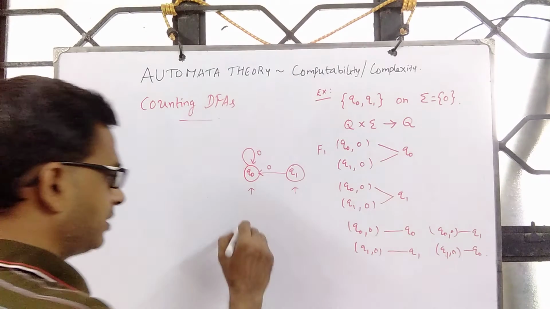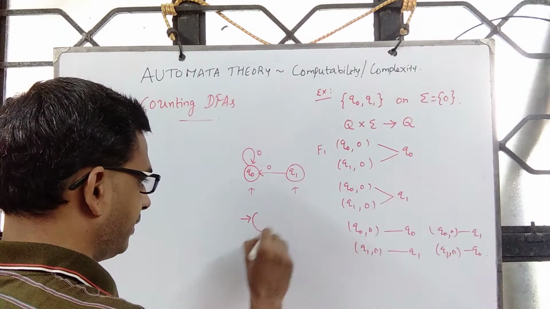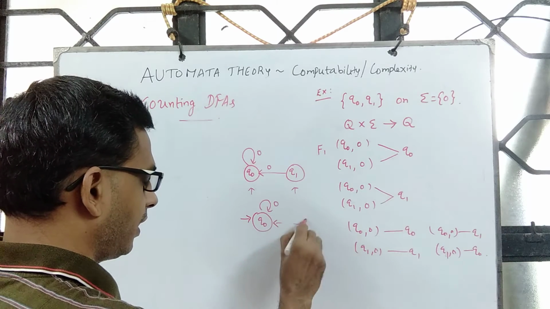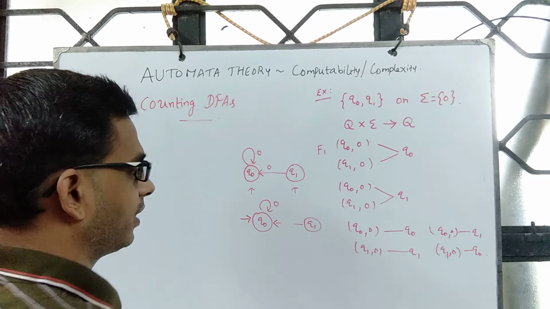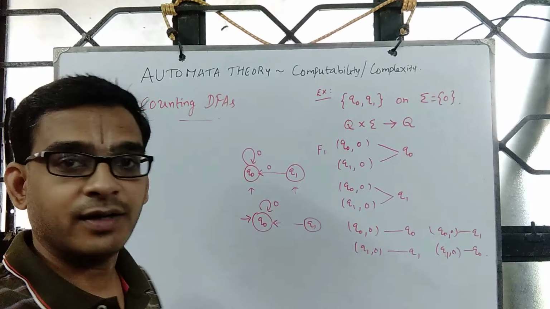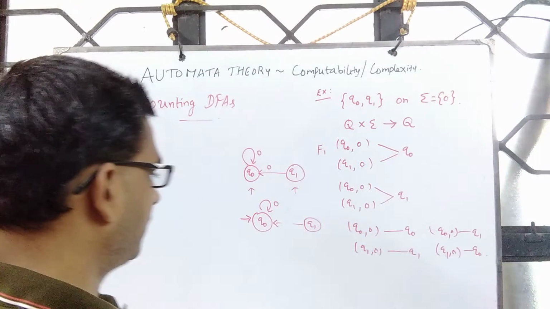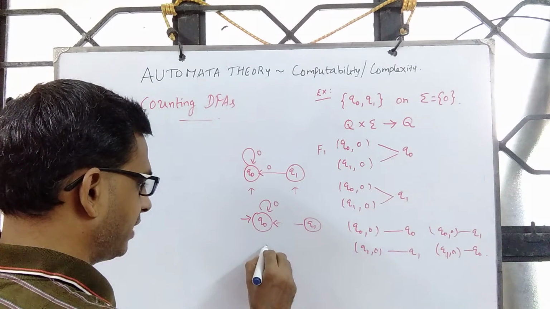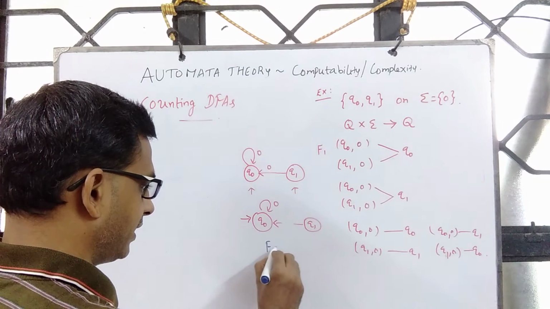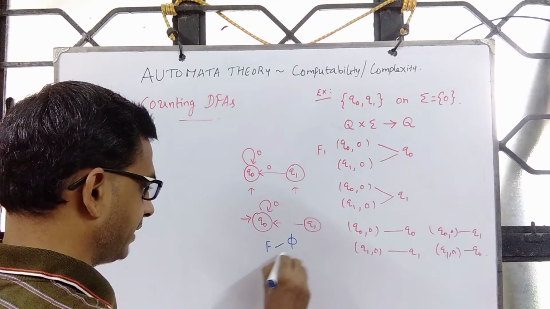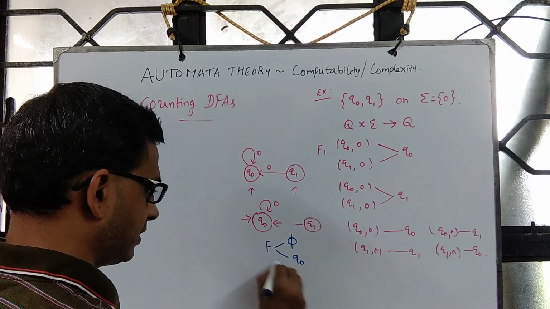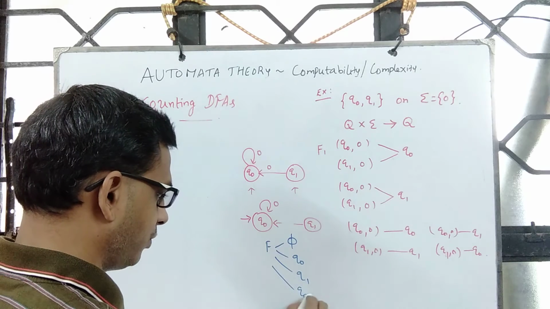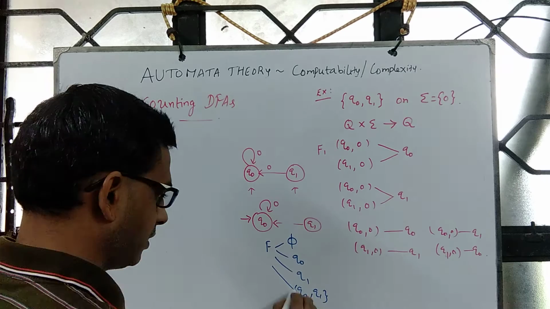Consider the automaton in which q0 is the start state. Then there are possibilities for the final states: none of them are final states, that's one, or q0 is the final state, or q1 is the final state, or both are final states.